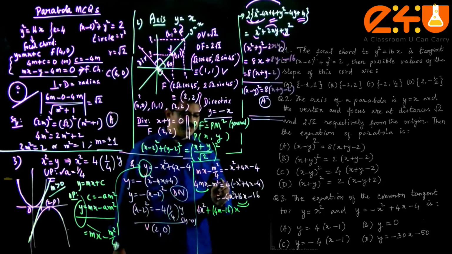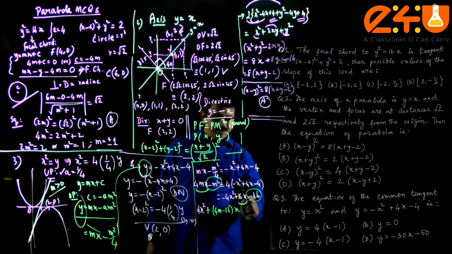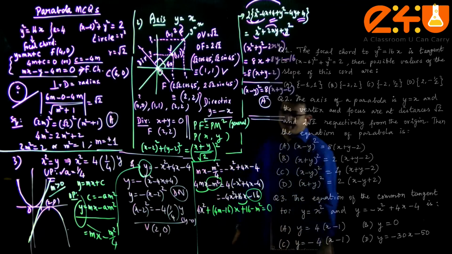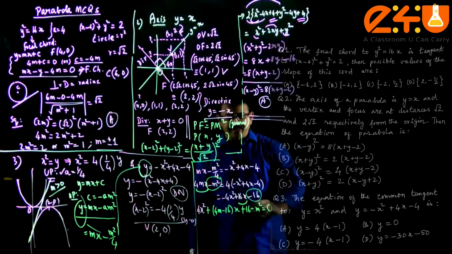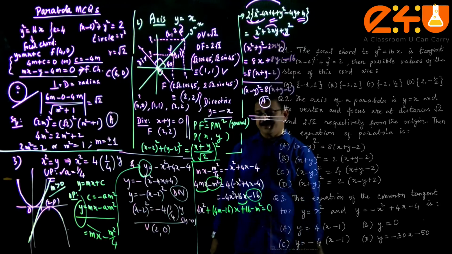What about the constants left out? Minus m squared, it's already on the left side. Minus 16 I am transposing to the left, so positive 16 minus m squared gives 0. So this is the quadratic of x. We have developed a quadratic equation in x.